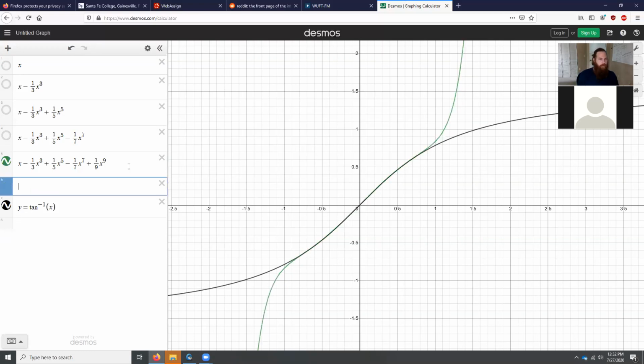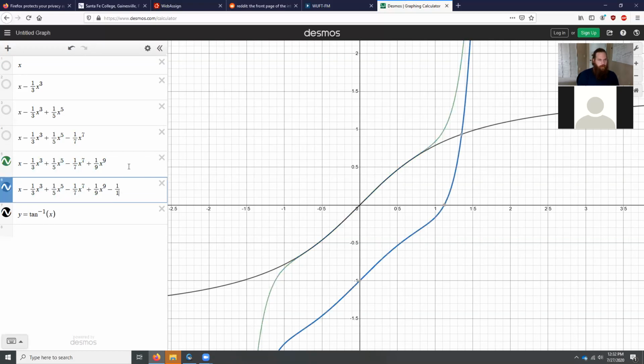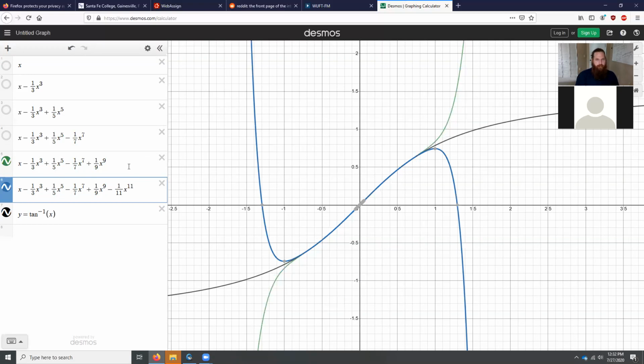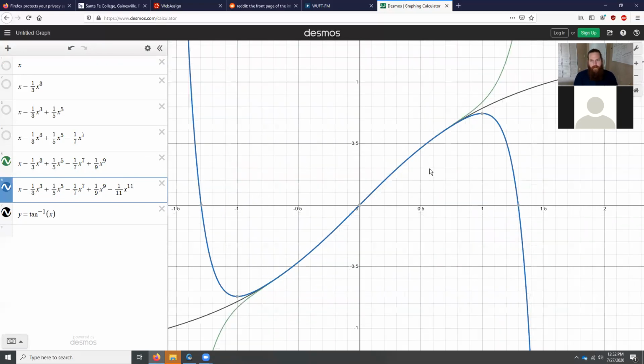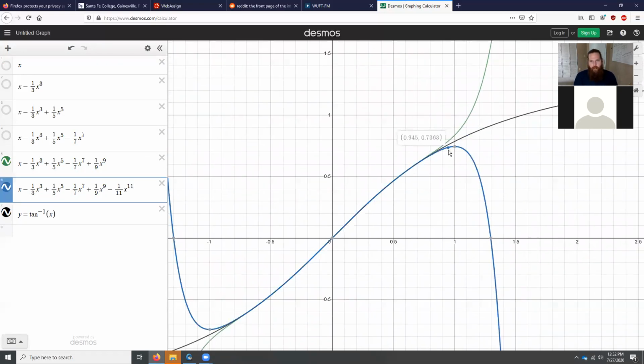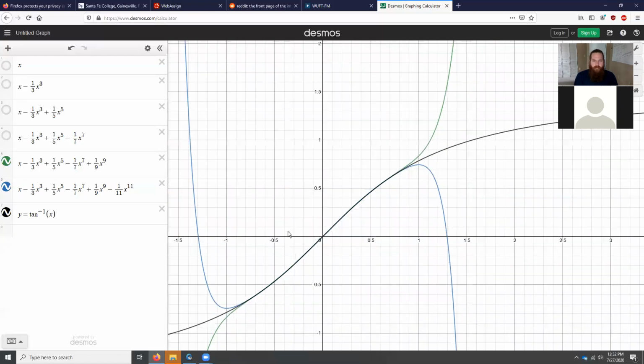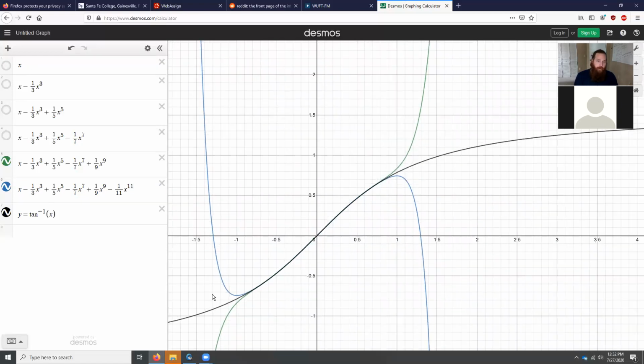So let me add one more here. The next term would be -1/11 x to the 11. See how the gap between the blue and the black is tighter than the gap between the green and the black. The blue is the next partial sum. And everywhere between -1 and 1, the blue is getting really, really close to the black.